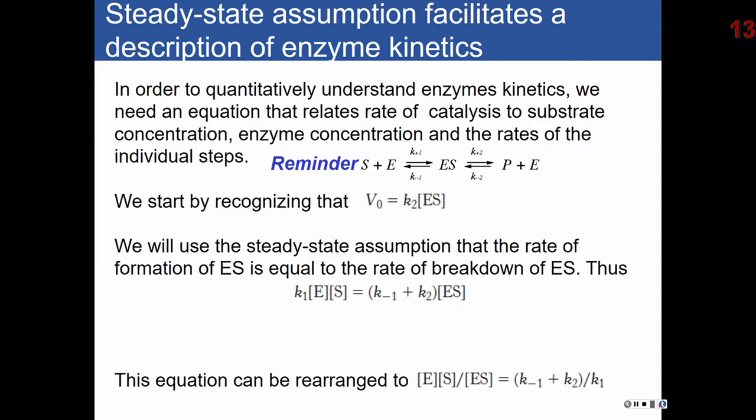So that's a steady state. And when we break that down even further, we know that K1 times the concentration of the enzyme times the concentration of the substrate is equal to the rate at which the transition state goes backwards plus the rate at which it goes forwards times the concentration of the transition state. Questions so far?